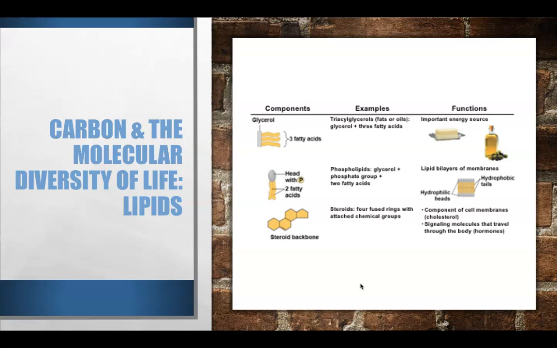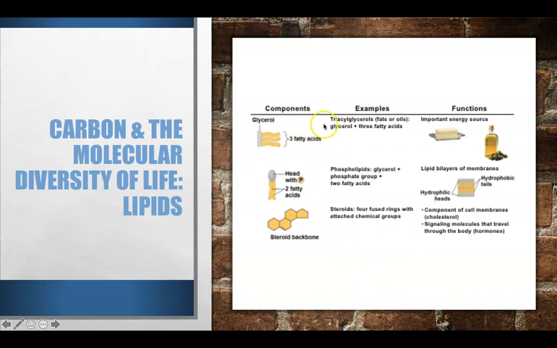So, our next type of major organic compound is the lipid. Lipids are not true polymers because they do not have a true monomer. A monomer is a repeating subunit. Lipids are made up of different components depending on the type of lipid that you have.